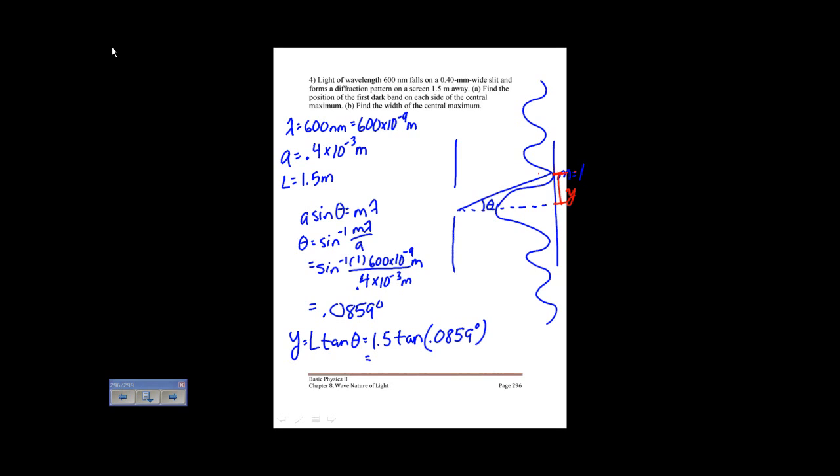That gives me 2.25 times 10 to the minus 3 meters, which is 2.25 millimeters. And then the width of the central fringe, that is 2y, is 4.50 millimeters. So that's part B, and this is part A.